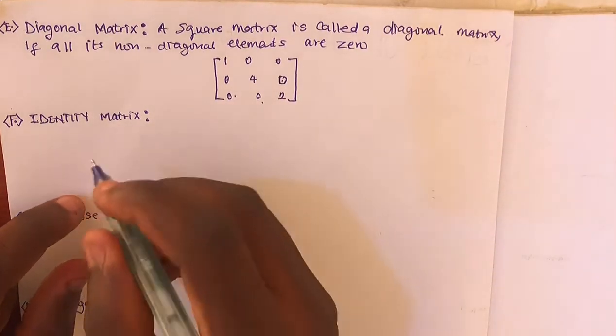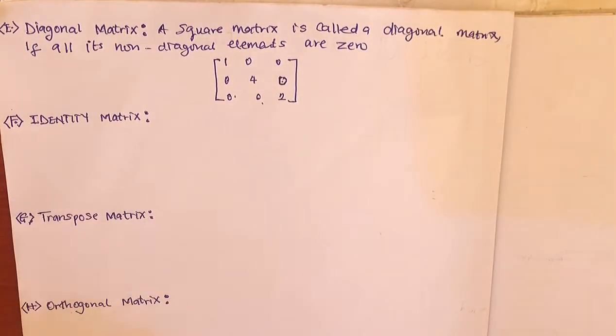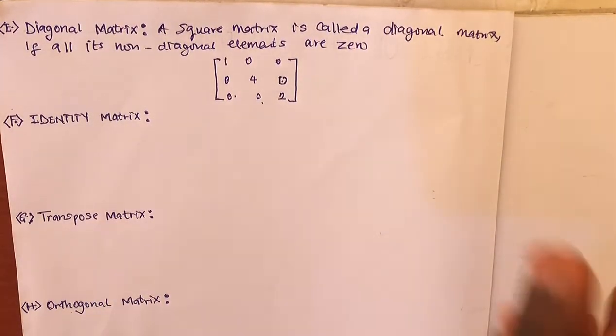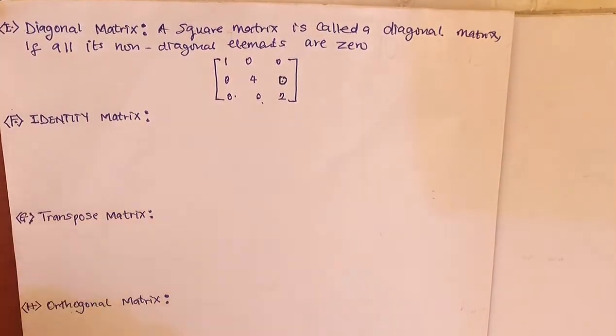So under identity matrix, a square matrix is called an identity matrix if all its diagonal elements are unity, are equal to one, and all its non-diagonal elements are equal to 0.